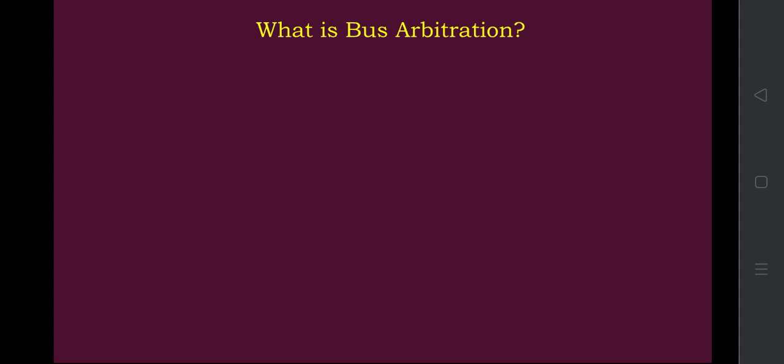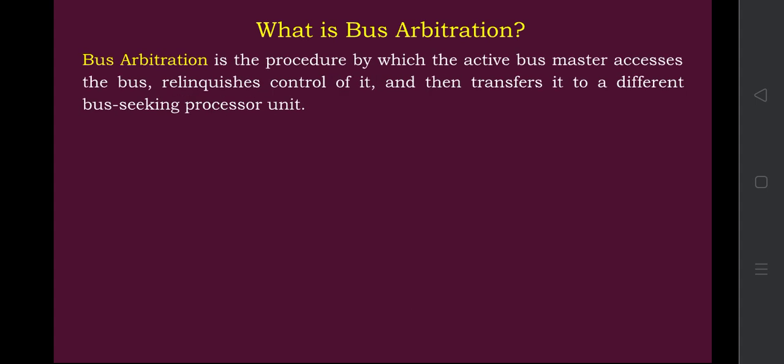Let us see first of all what is bus arbitration. Bus arbitration is a procedure by which the active bus master accesses the bus, relinquishes the control of it, and then transfers it to a different bus-seeking processor unit. As we know, it comes under the multiple processor technique. Each processor has its own purpose to solve, and they have common shared buses, and they also need different resources.